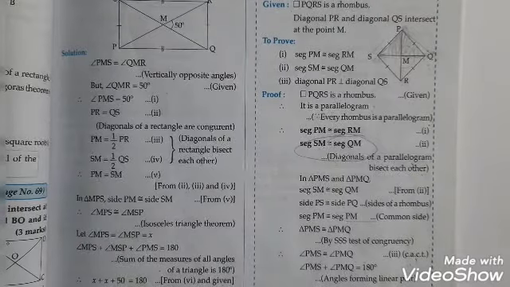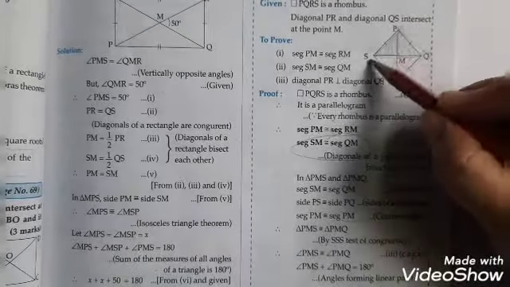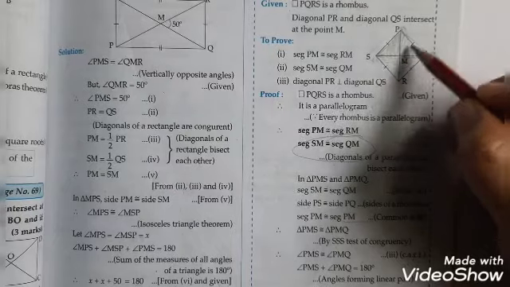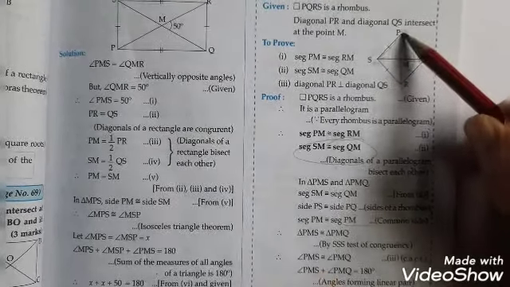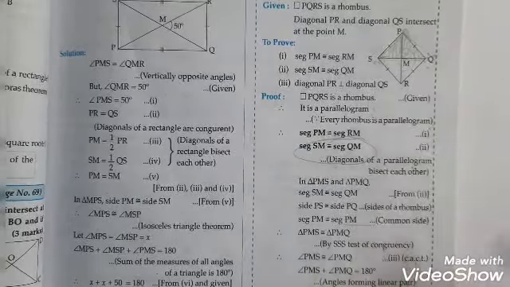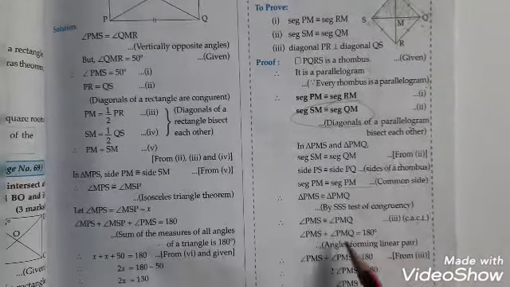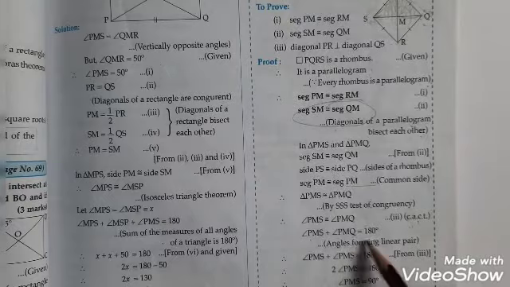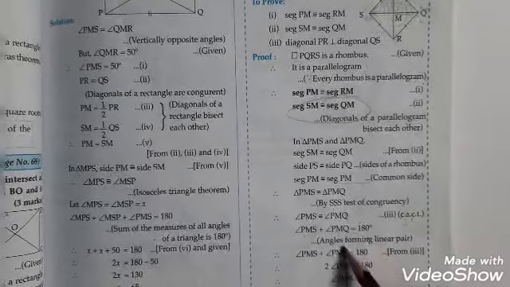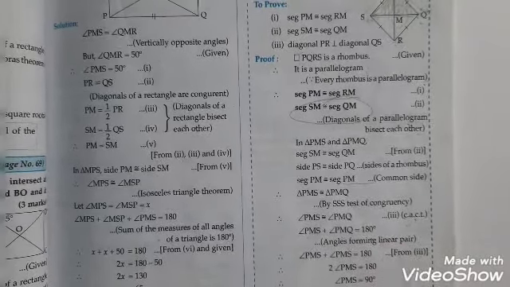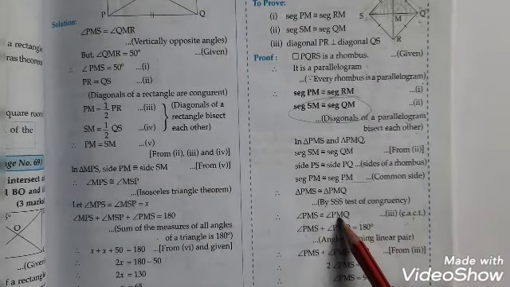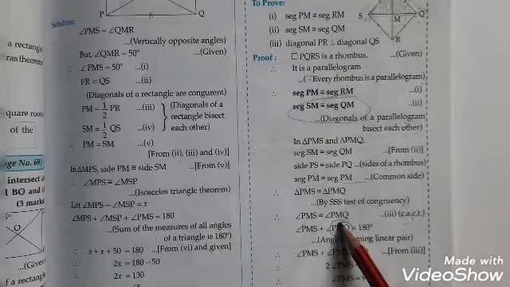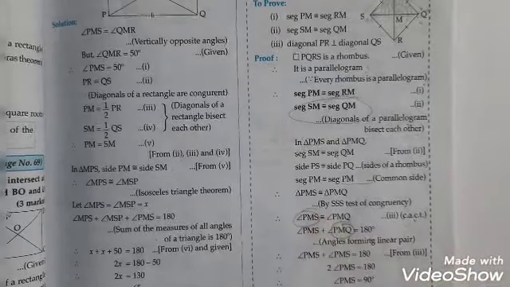Now, angle PMS and angle PMQ form a linear pair, right? So if they form a linear pair, the sum is equal to 180 degrees. So angle PMS plus angle PMQ is equal to 180 degrees, angles forming a linear pair. Now PMS and PMQ are equal, so in place of PMQ, I can substitute PMS.